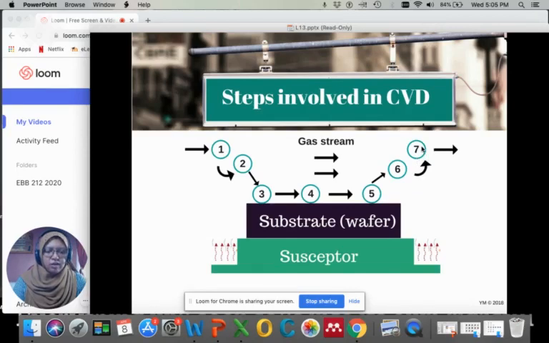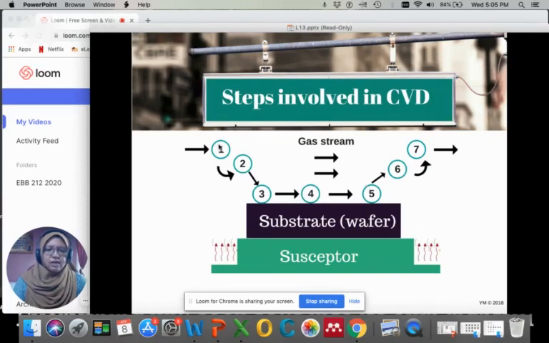So if you look carefully at the steps involved in CVD, they are in pairs. Step 1 and step 7 are transport by forced convection. Step 2 and 6 are transport by diffusion. And step 3 is adsorption, while step 5 is desorption.